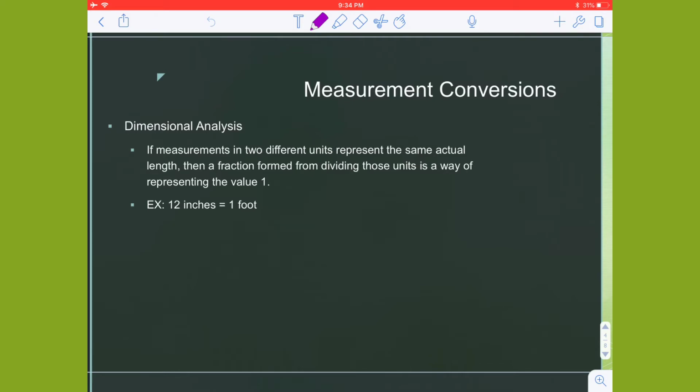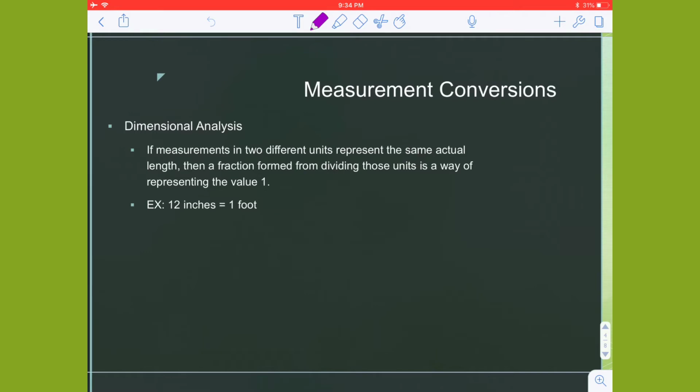Maybe it wants cups, right? And you don't have a cup measurement, but maybe you have different smaller measurements, and you want to figure out, okay, what is the number of tablespoons that are in a cup, and you want to try to convert that, right?